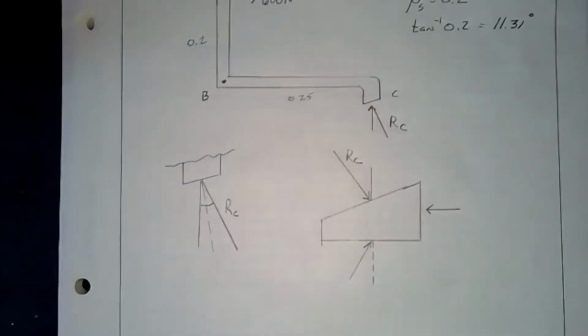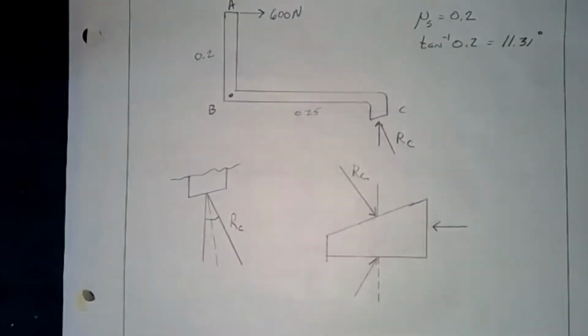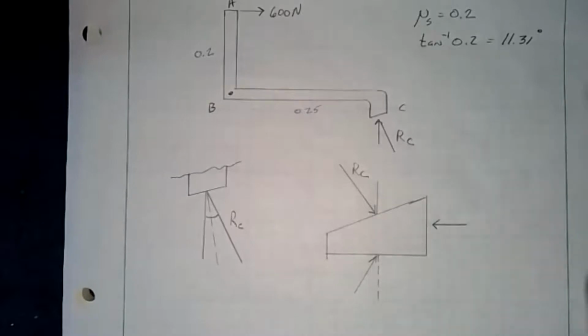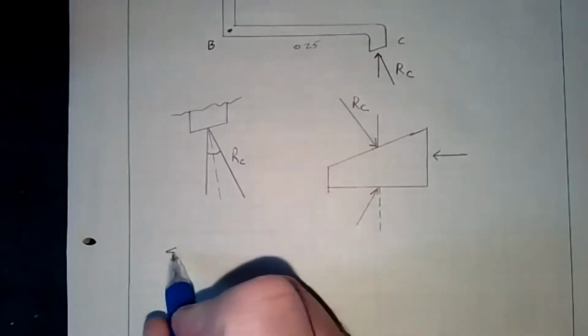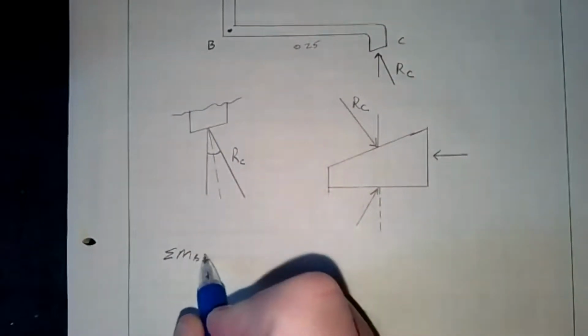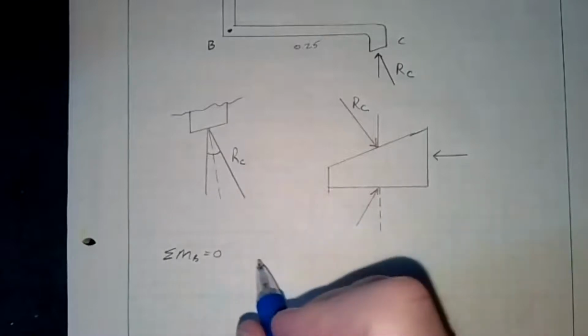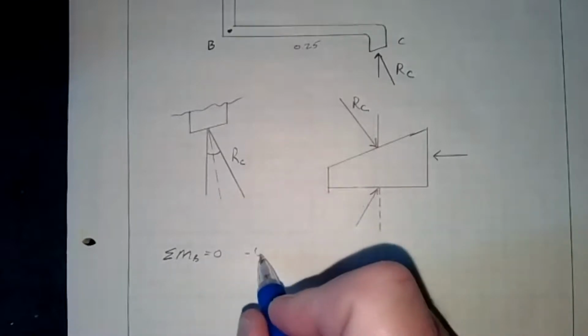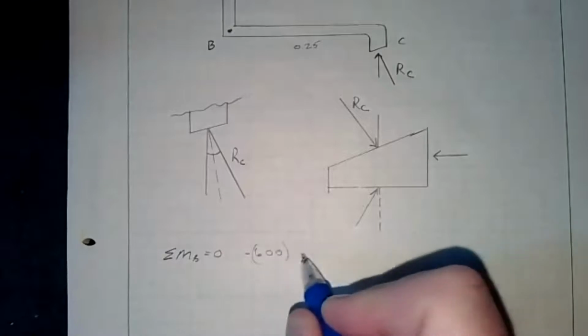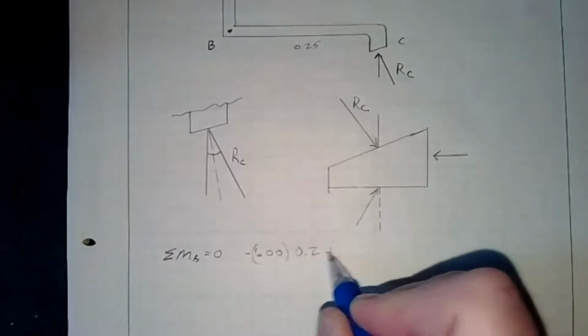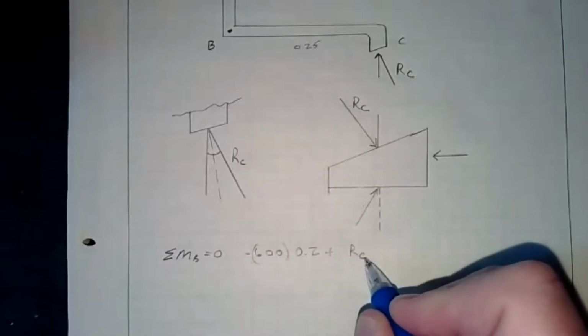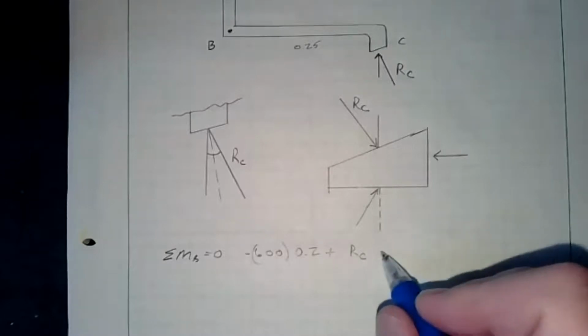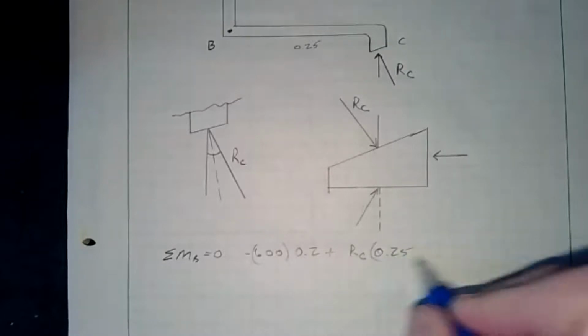Now, if we want to figure that out, we know that if we sum the moments at B to 0, we know that negative 600 times 0.2 plus RC times 0.25.